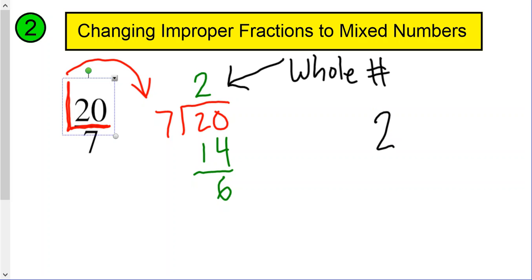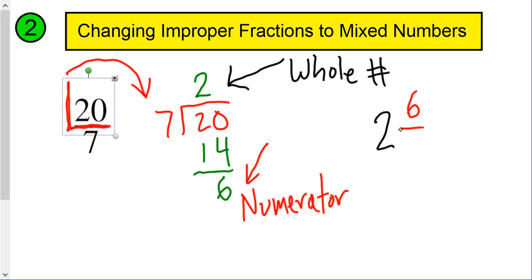Okay, and then this number here, the 6, is going to be the numerator of our new fraction. Okay, so we got 6 left over, or remainder 6, and then our denominator is going to stay the same, which is 7 over here. So 7 is the denominator. Okay, so our mixed number would be 2 6/7.